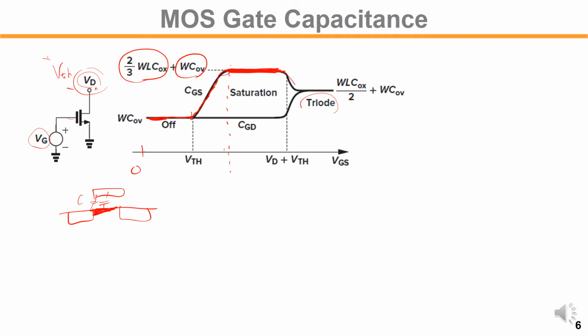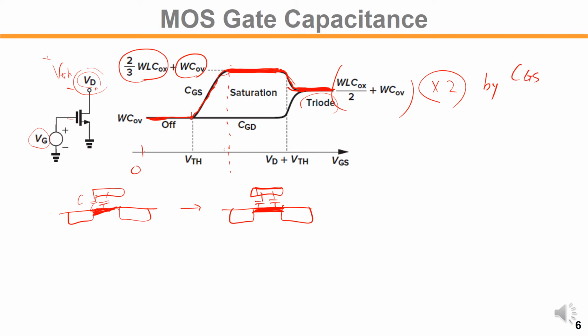Once it becomes a triode region, VGS and VGD also form capacitance, and the channel capacitance is split into two. So from CGS and CGD we get the gate capacitance given by the overlap and the channel area.